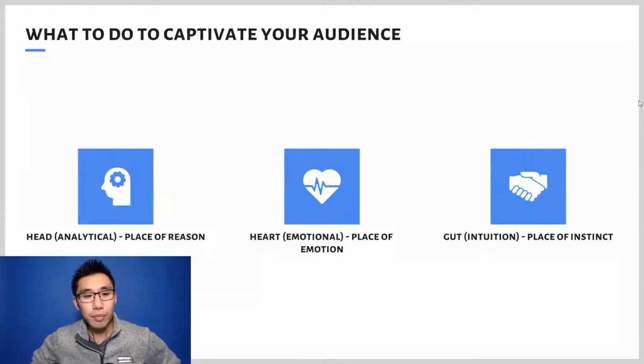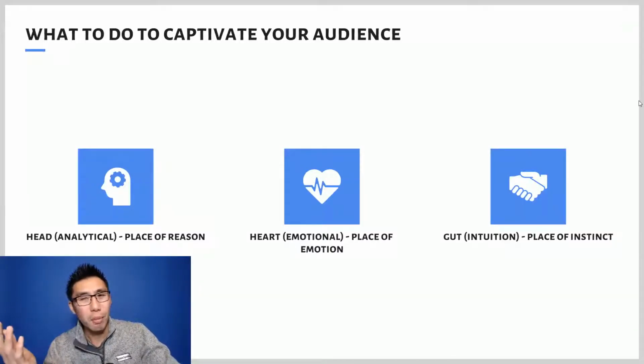I will say that most people will stick within the head, the analytical, the place of reasoning. That's why you're seeing a lot of data, data, data. But the opposite does happen when people try to speak to the heart too much. Maybe you've seen a speaker and all they told were stories after stories after stories. And you're saying to yourself, what's the point of the story?